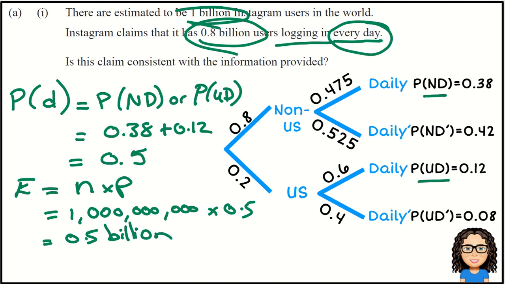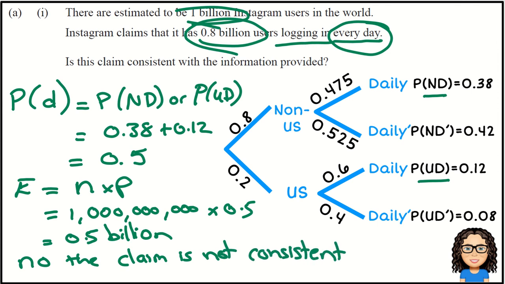So now I can look at the claim and say, is this claim consistent? And I can say no, the claim is not consistent with this information. We only get an estimate from the data of 500 million, not 0.8 billion.